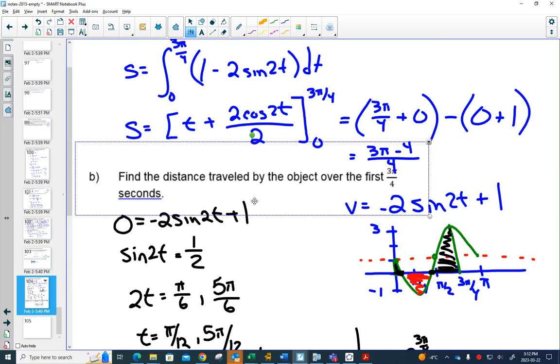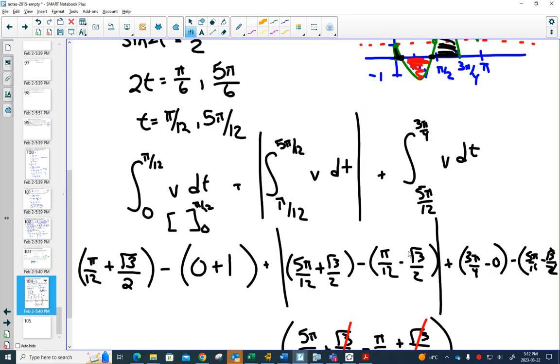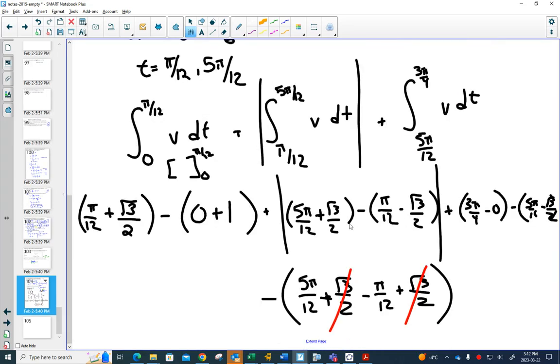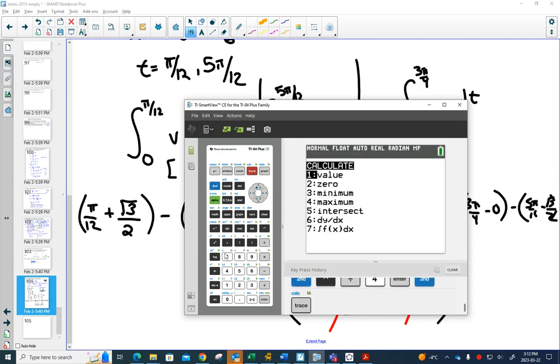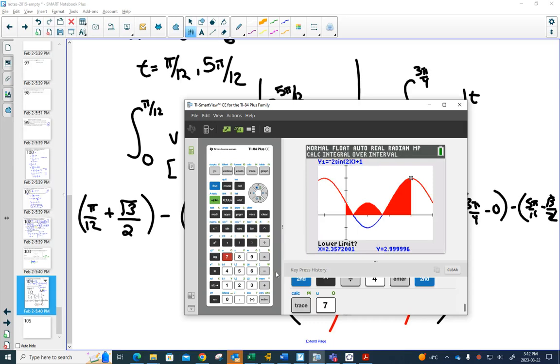All right, we probably made a mistake somewhere else. Doesn't matter. This part, if we calculated it out, what should it be? We can go back to our graphing calculator, and I'm going to find the area underneath the curve of the blue one, from lower limit of pi over 12 to an upper limit of 5 pi over 12.